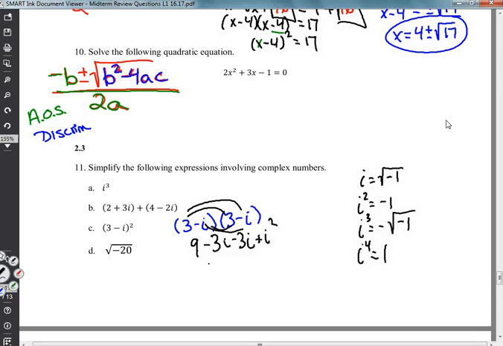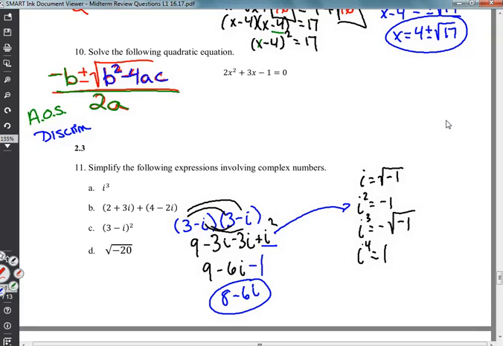Combine my like terms, I'll get 9 minus 6i. Then i squared is really negative 1. So now, again, combine my like terms, I get 8 minus 6i.